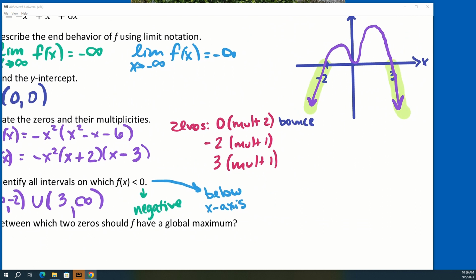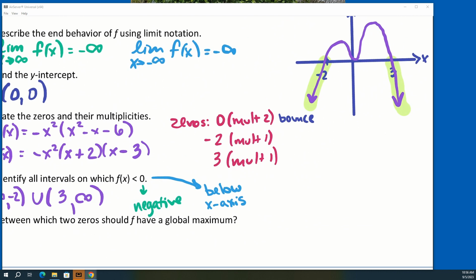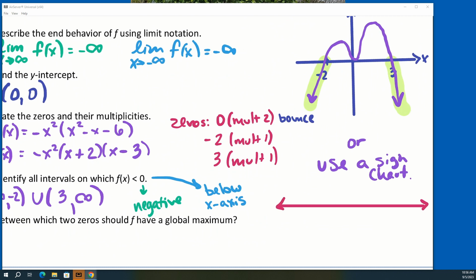Okay, let me show you the other way. The other way is to use a sign chart. Now, we do this a lot in calculus, and we'll do it again in here whenever we start doing a different type of function.